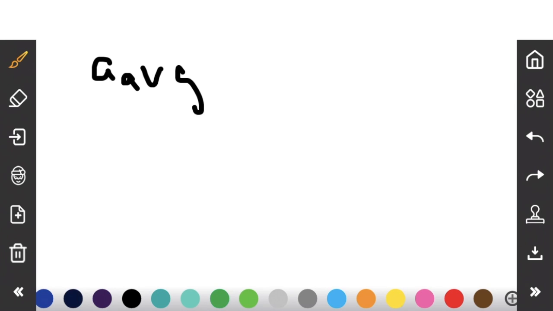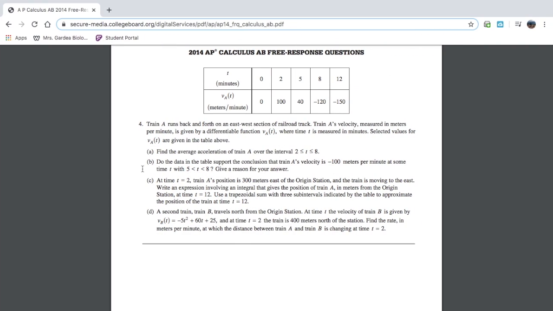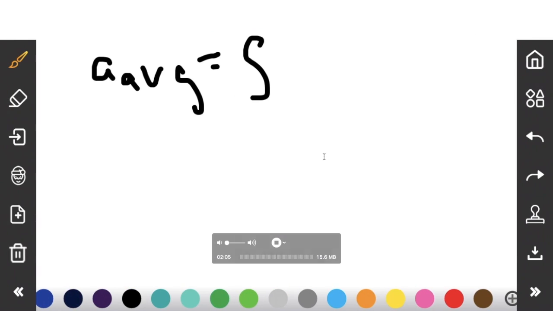And so to do this, you have to set up an integral. So the question says 2 to 8, so it would be 2 to 8.